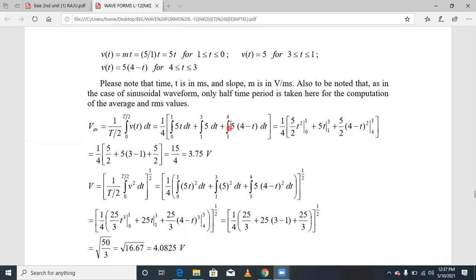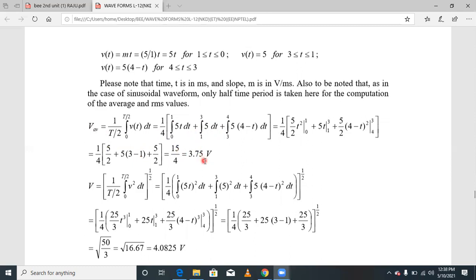And then between 3 and 4, the expression is 5 into 4 minus t into dt. Integrate this expression, then V average is equal to 3.75 volts for the complete voltage waveform.